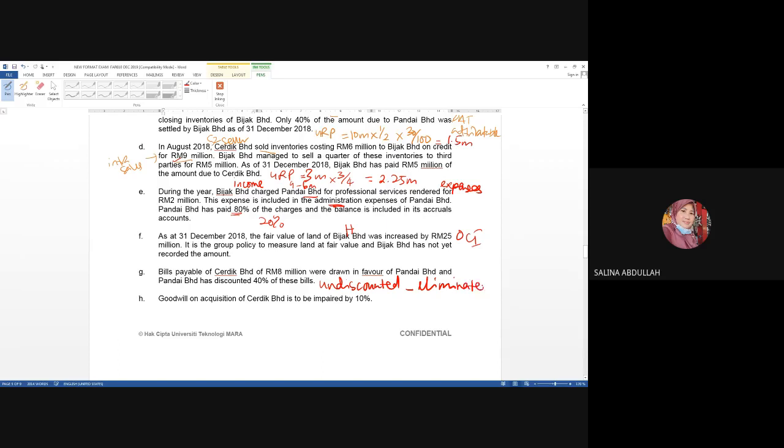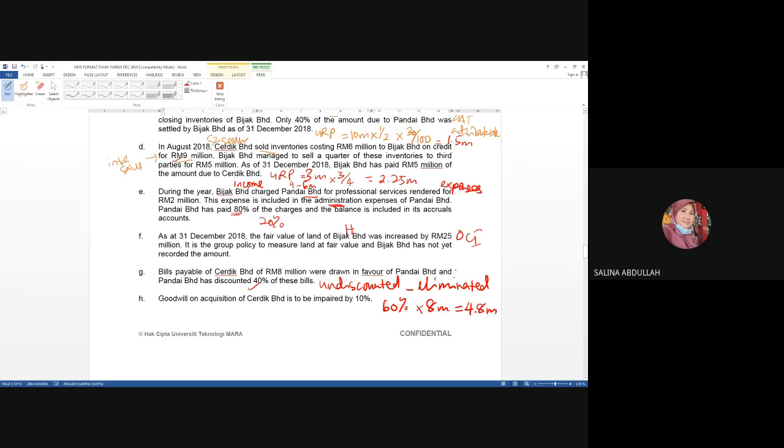Since 40% was discounted, meaning 60% is still undiscounted, you multiply by 8 million. So you will get 4.8 million.